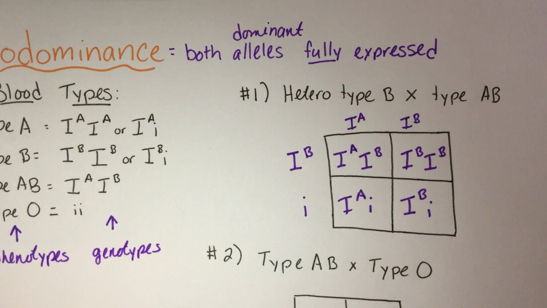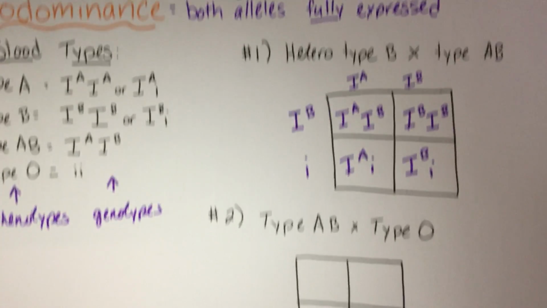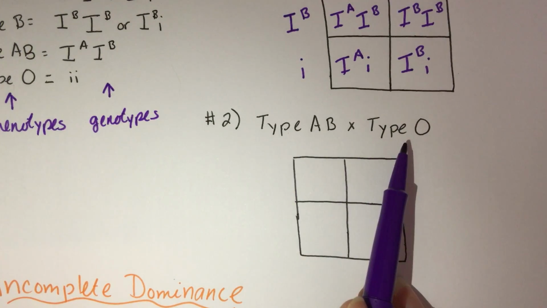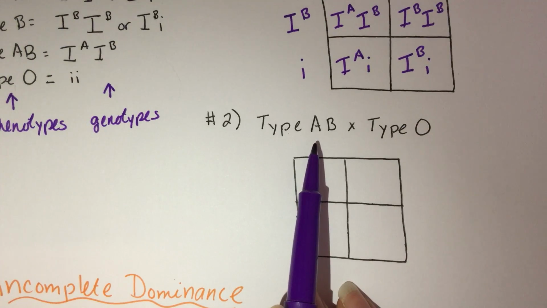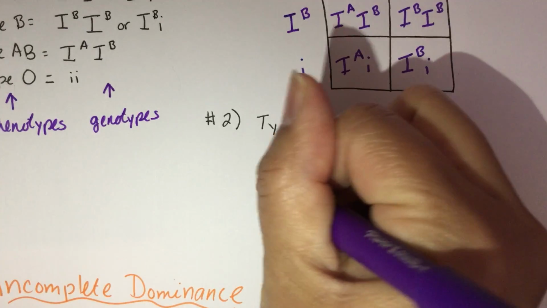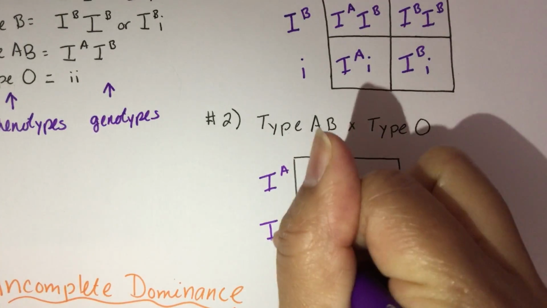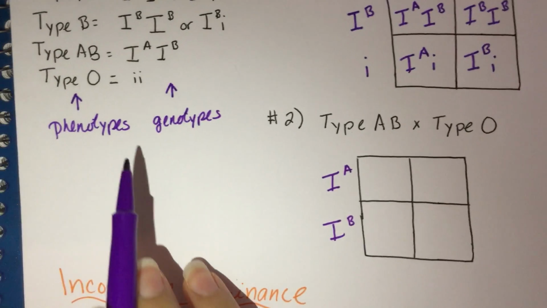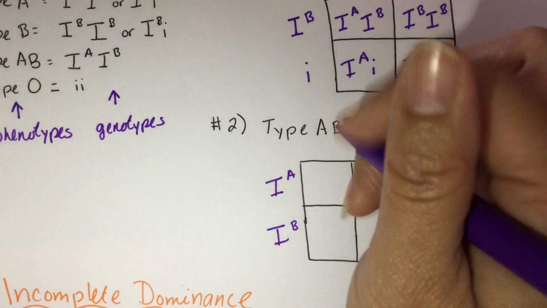All right. So let's go ahead and work on another Punnett square. So now I have somebody who's type AB crossing with a type O blood type. So in order to have type AB, I need to have both dominant alleles, so big I, big A, big I, big B. Type O is recessive. Remember, recessive is my little I, little I. So I'm going to write that right up here at the top.